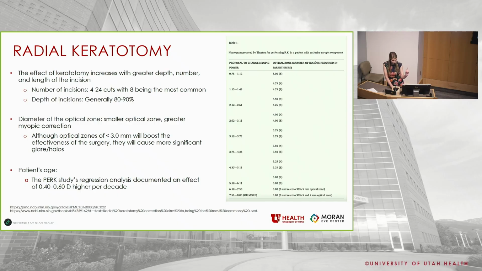Interestingly, one more historical thing, and then I'll stop. There was a surgeon named Fyodorov, and he actually had really exceptional results. This was before America adopted RK as a surgical procedure, but he followed his patients for about 1.5 years, and he had 230 eyes.